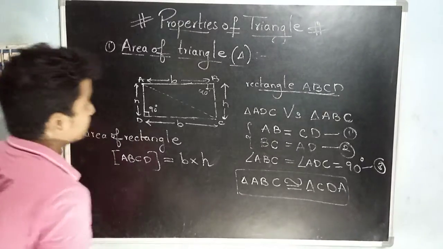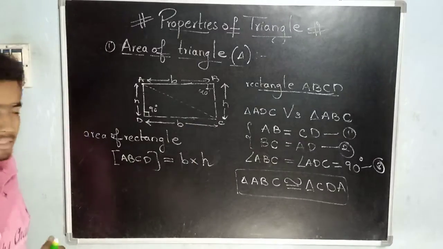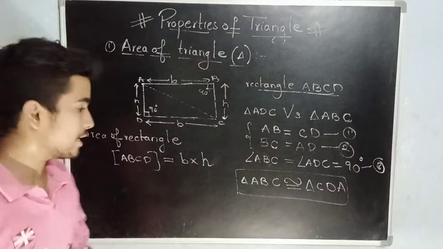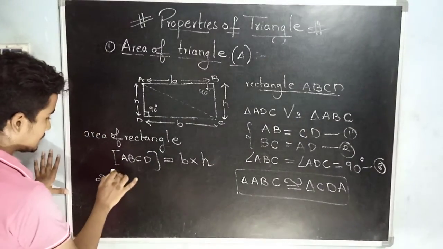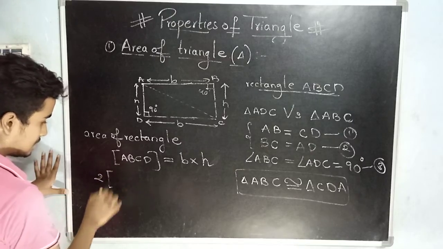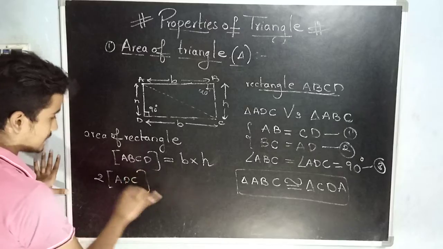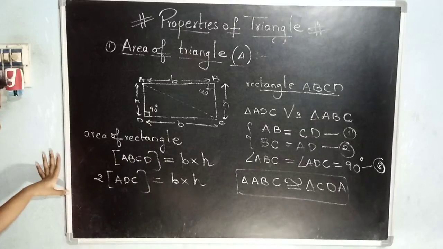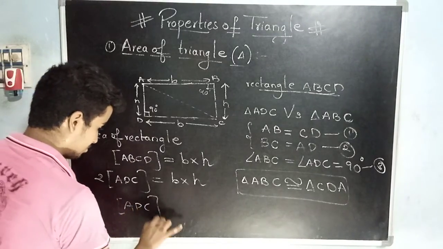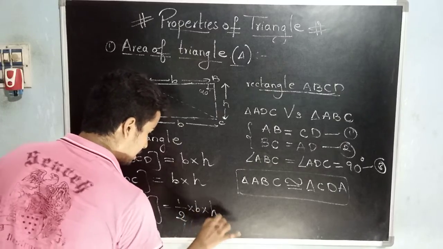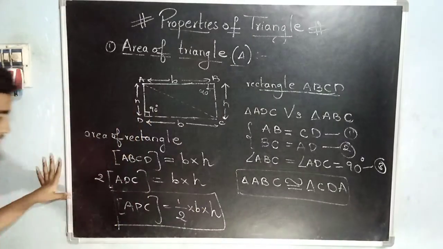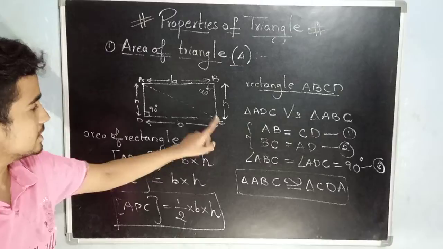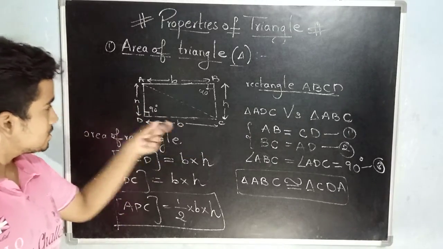As this diagonal AC divides this rectangle into two equal triangles of equal area, we can understand that 2 times triangle ADC, as well as triangle ABC, is B into H. So area of triangle ADC is half into base into height.